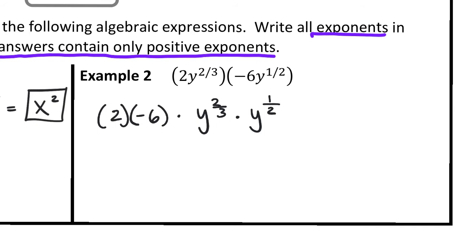That's going to give us negative 12 times y. The exponents are going to add again because the y's are multiplying, so it's going to be 2/3 plus 1/2.